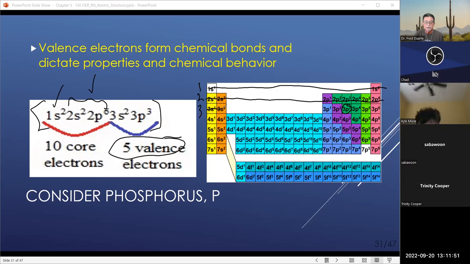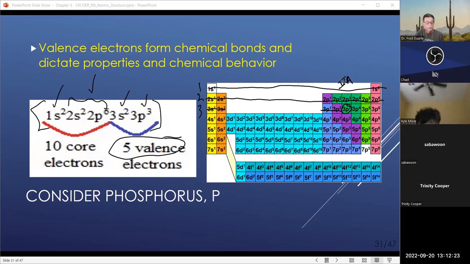Then we know it's in the third energy level, so here come the S electrons. And phosphorus is 3 columns in the P block from the left, 1, 2, and 3, which tells you how many electrons are in the P orbital, which is 3p3. See how that works real well? Also, if you look at the Roman numeral on top, it should list as 5A.